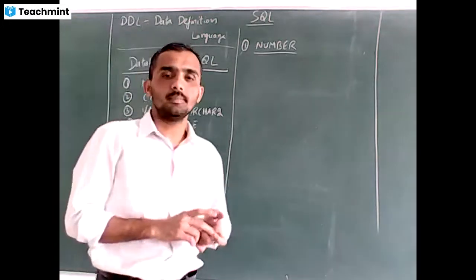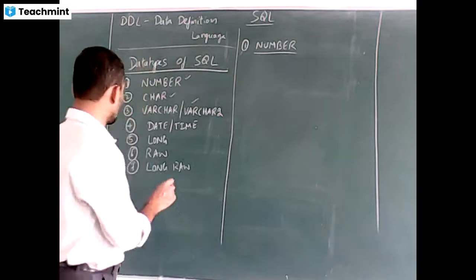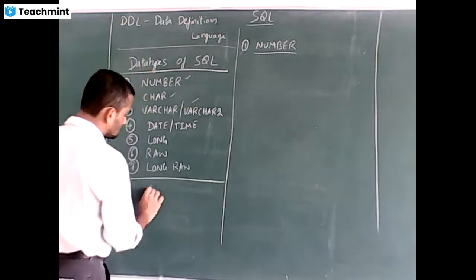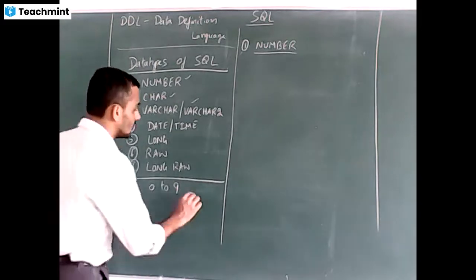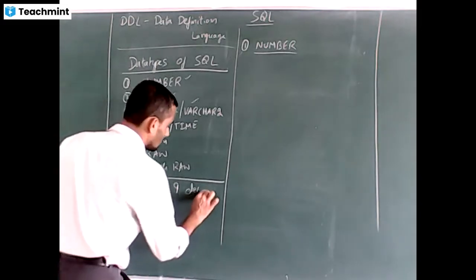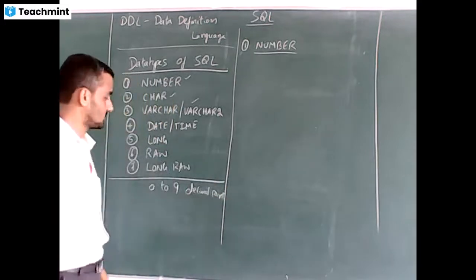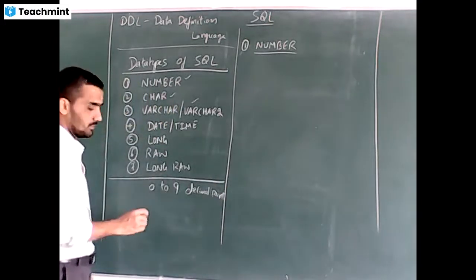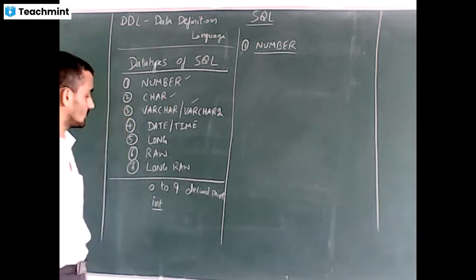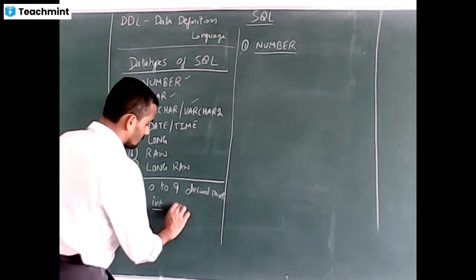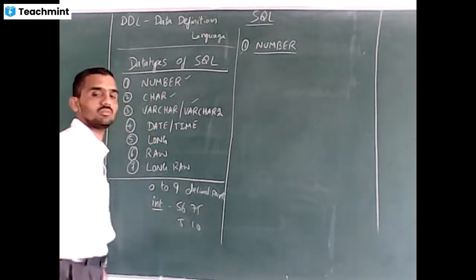When we compare with C++, if we want to store digits from 0 to 9, along with a decimal point, we have two data types in C++. If you are storing whole numbers like 56, 75, 5, 10, without decimal point, we use int.